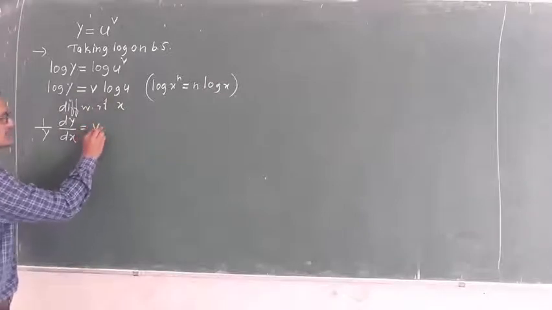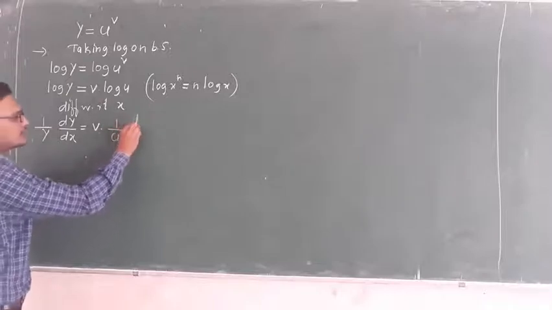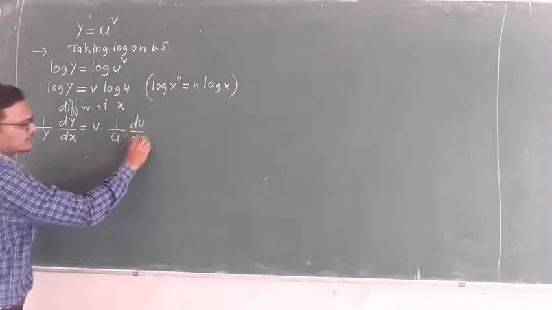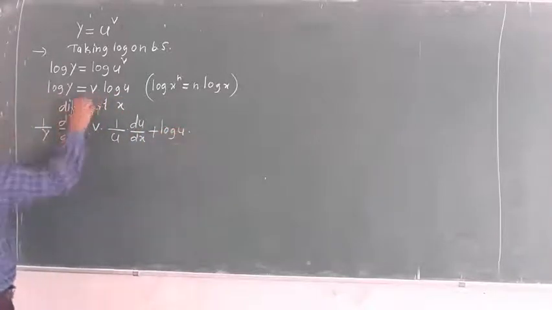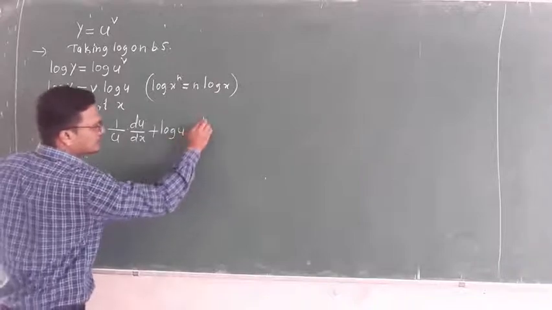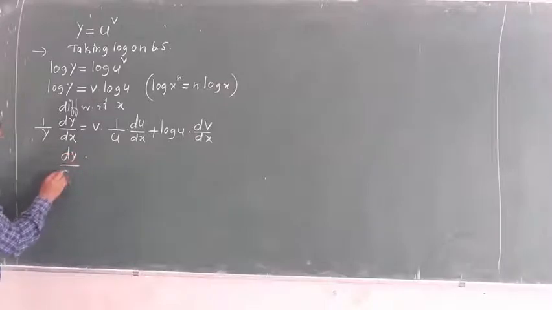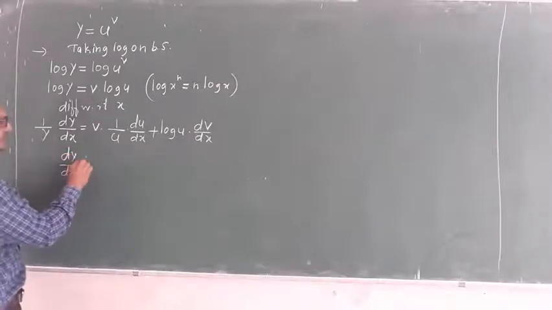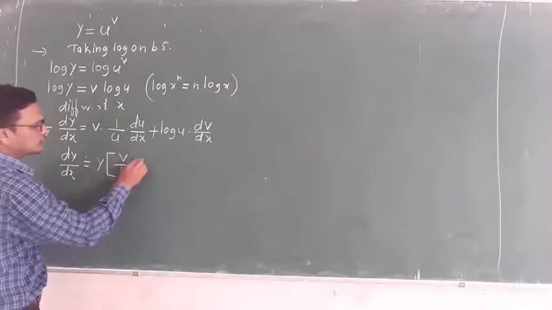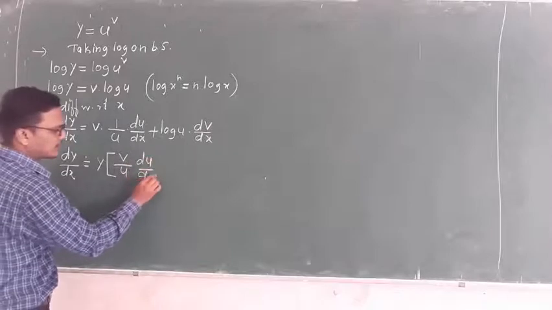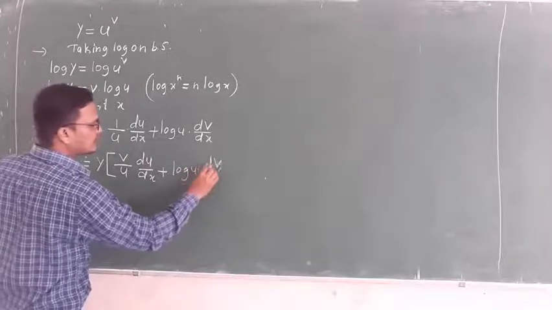First function constant, the derivative of log u is 1 by u, and the derivative of u is du by dx, plus the second function constant into the derivative of first, the derivative of v is dv by dx. Then dy by dx as it is, and y is transferred so it multiplies: y into v by u du by dx plus log u into dv by dx.